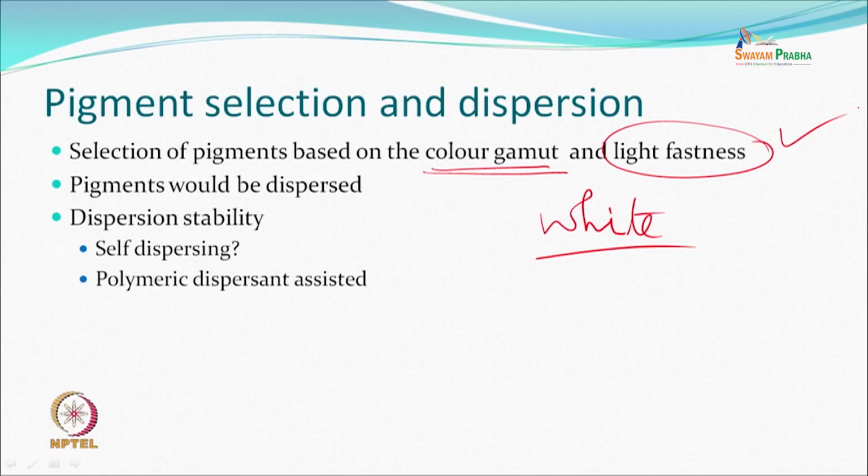Pigments would be dispersed obviously because they are not soluble in water, and dispersion stability is what is going to determine the shelf life. If the particle size is very small, they could be self dispersing. Otherwise, you may have to use a polymer based dispersant which can assist good dispersion.